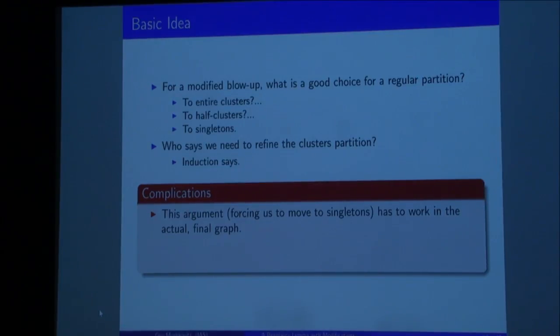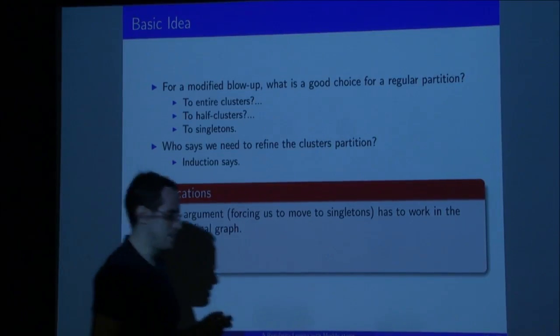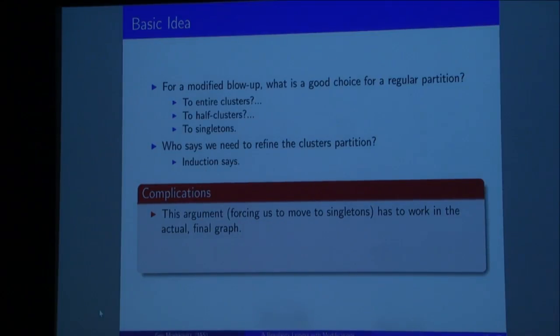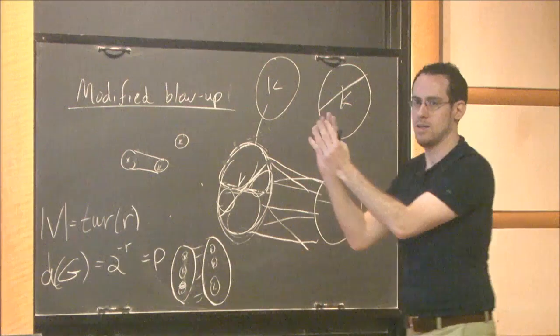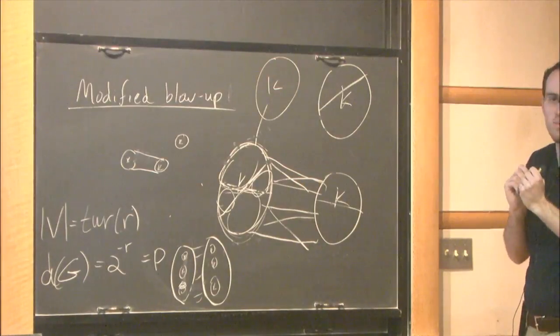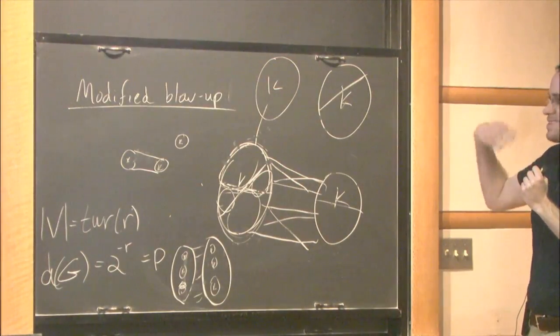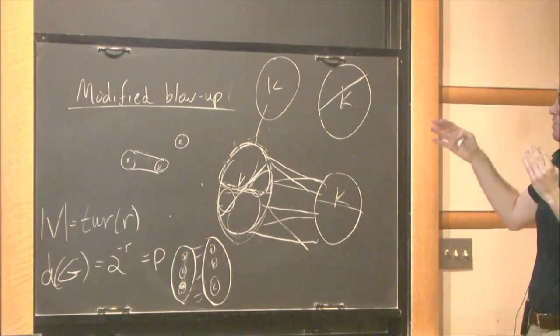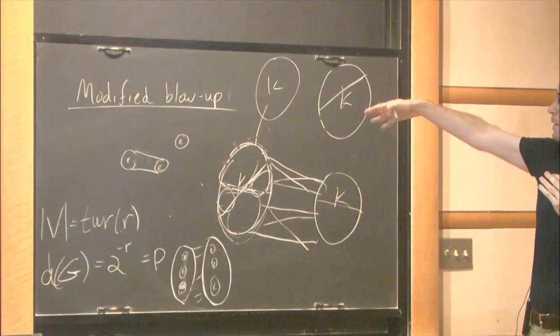This is still very far from a proof. Two major complications. I tricked you, there were two tricks that I pulled on you. One trick was that I told you, okay, we have this modified blowup and this is our graph. But actually our graph is not a modified blowup. Our graph is an iterated version of that. So the final graph is what happens after you apply it R times.